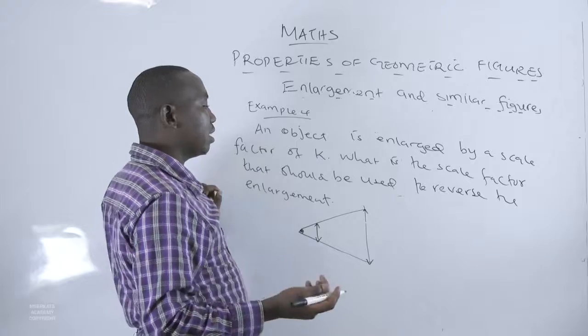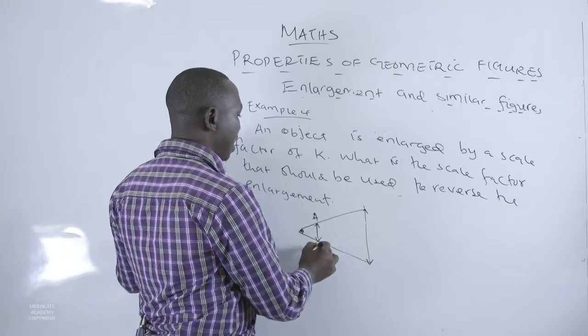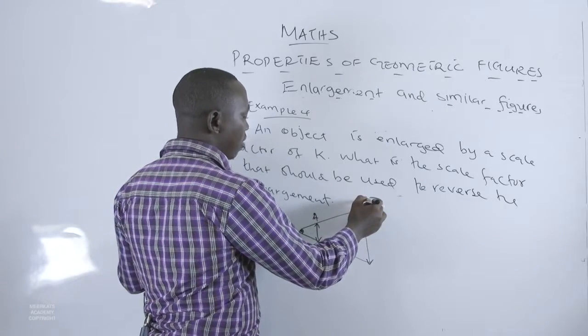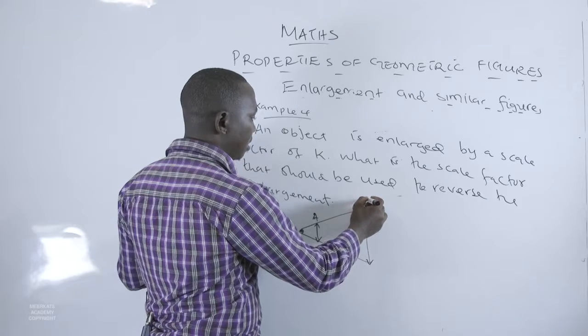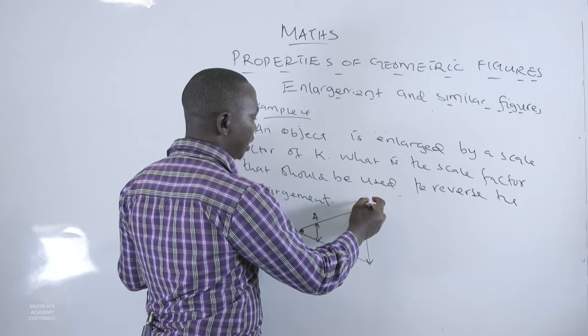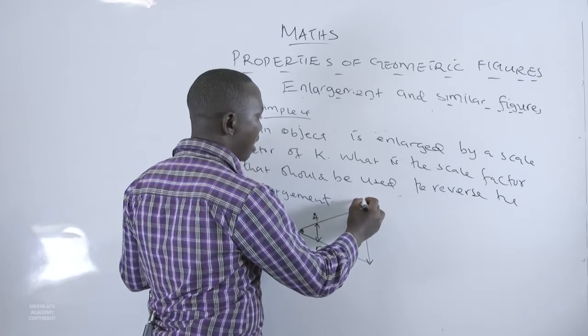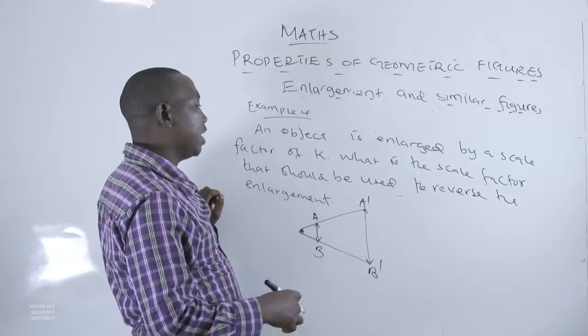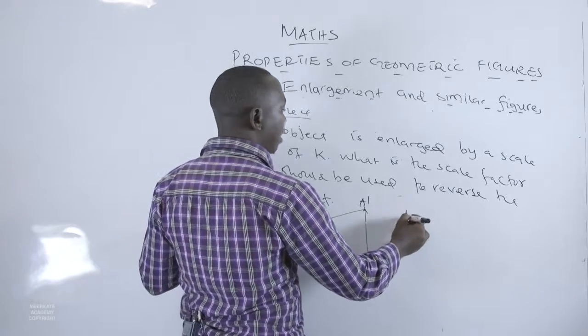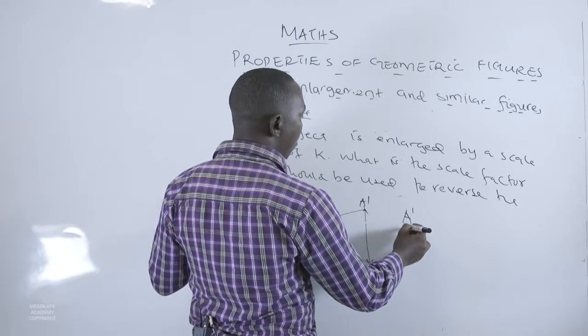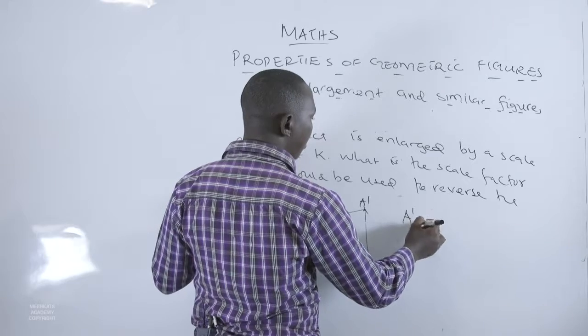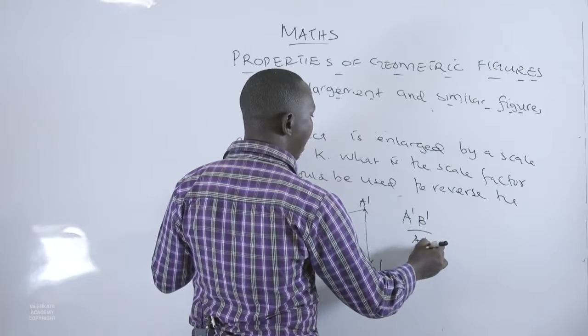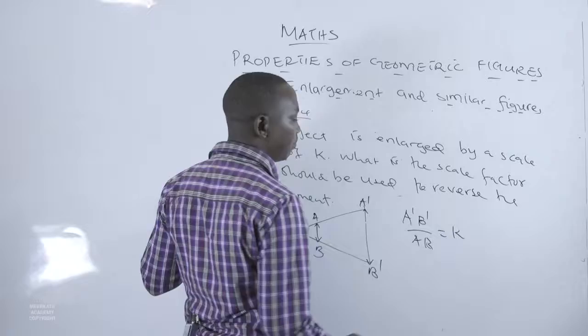So in that case, if this was AB, this will now be our A prime, B prime. So initially, A prime B prime over AB was k.